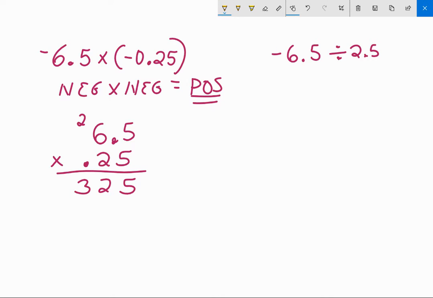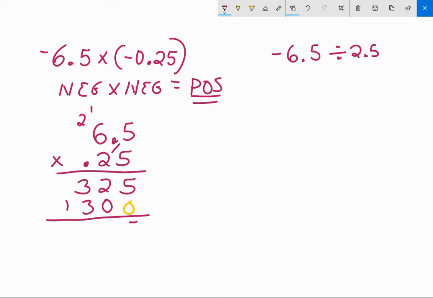Put a 0 down so we can start multiplying by 2. 2 times 5 is 10, put a 0 down, carry the 1. 2 times 6 is 12, plus 1 is 13.